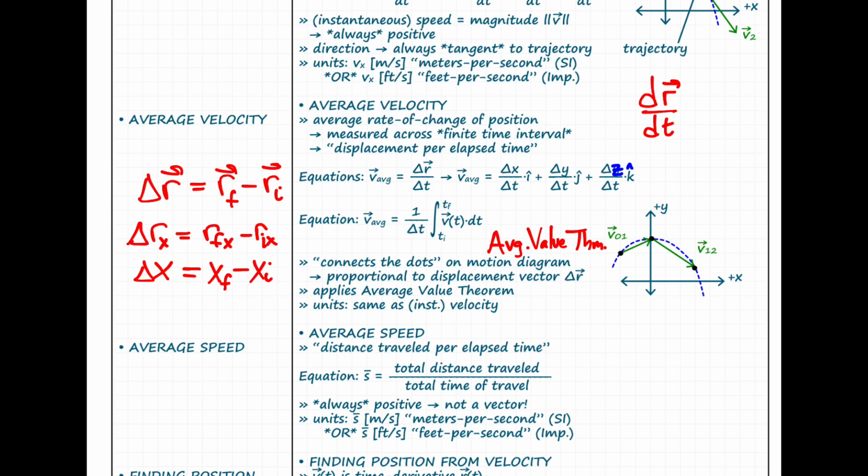Also notice that this quantity here is equal to the displacement. And if you have the displacement divided by the time interval, that's this definition again. So these 2 definitions are just 2 different ways of saying the same thing. If we are integrating a velocity vector, we're going to integrate it term by term, component by component.